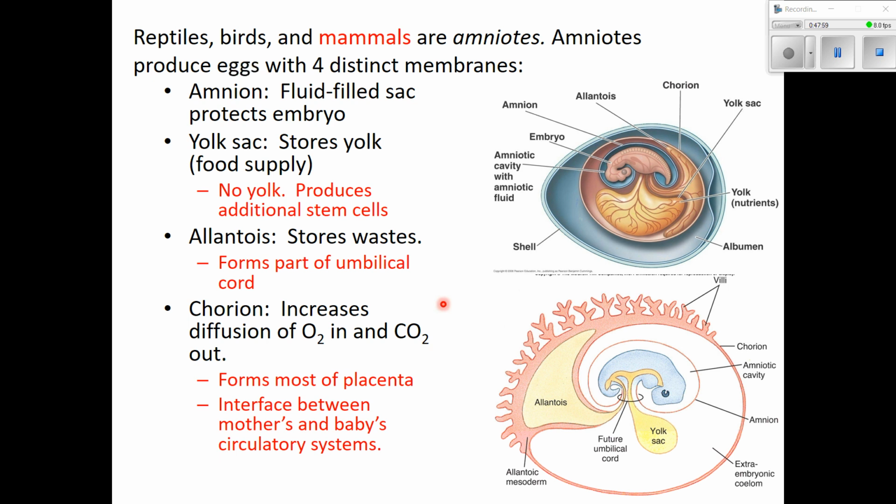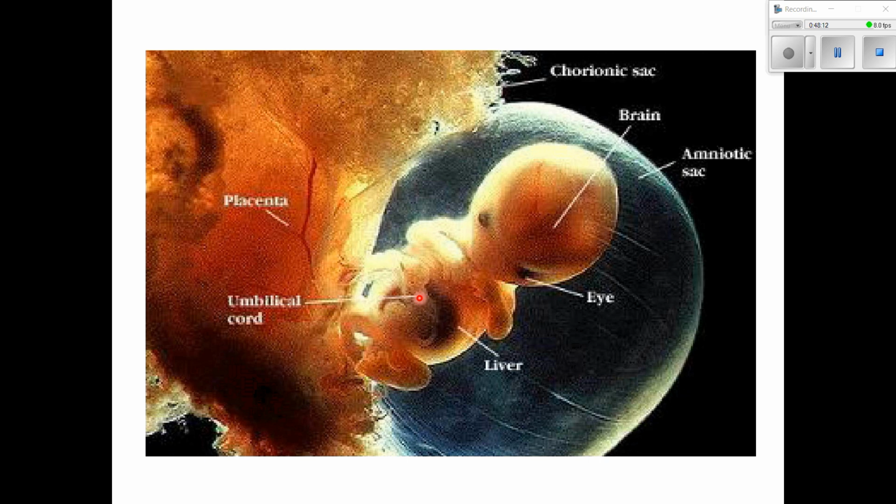It's cool to see that even though we've evolved from our reptile ancestors, we've retained those 4 distinct layers, and evolution has simply tweaked their functionality a little bit. There's a wonderful picture of the amnion, the fluid-filled sac that protects the embryo. This would be the placenta here, which connects the mother's blood supply with the baby's blood supply.